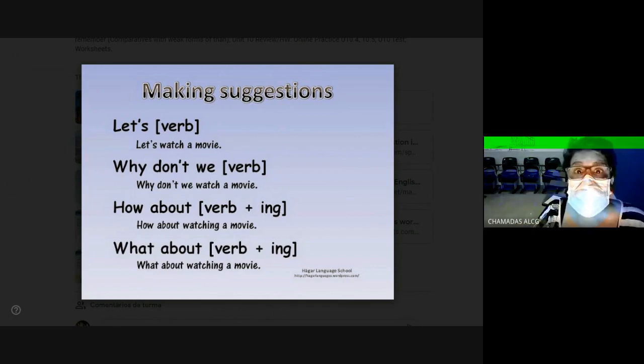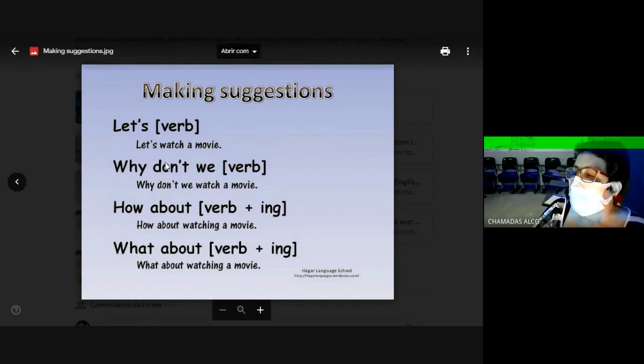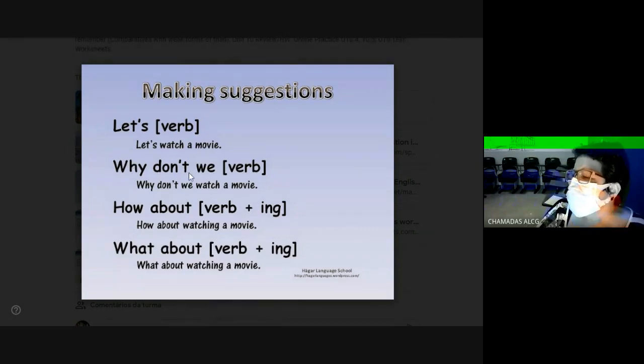Or let's go to Las Vegas. Okay. Another option, why don't we watch a movie? So we put why don't we and the verb, okay? Using the lesson, we can say, why don't we go to the Grand Canyon? Or why don't we go to Las Vegas? All right?